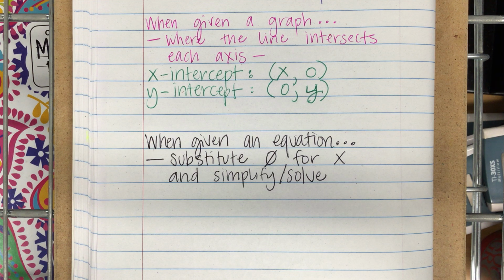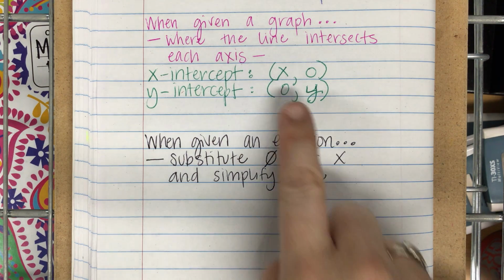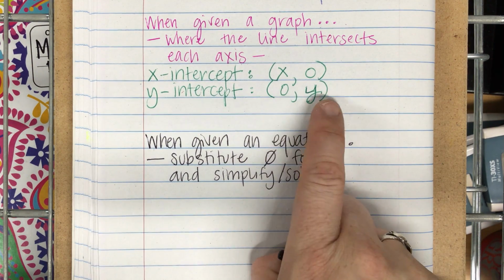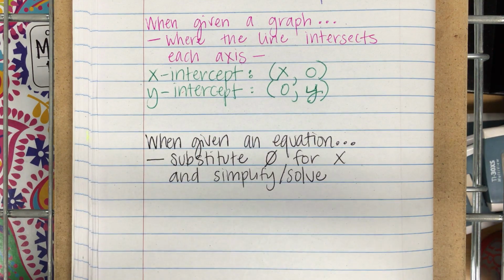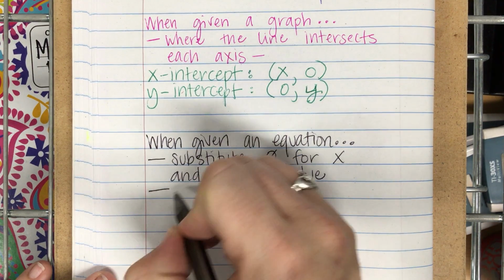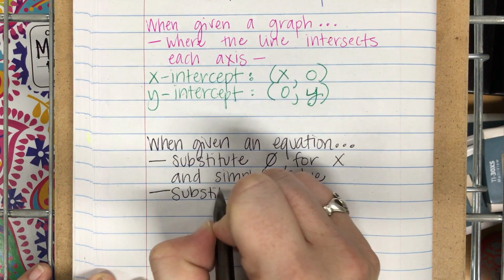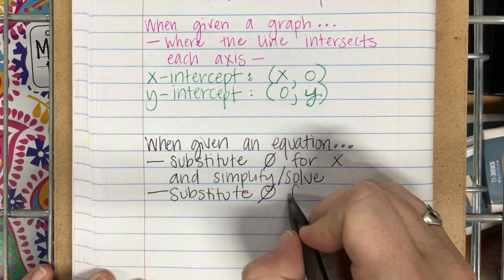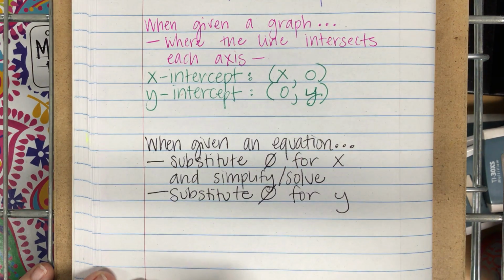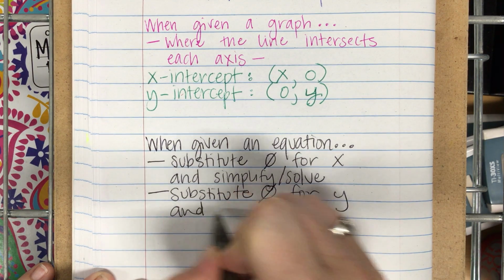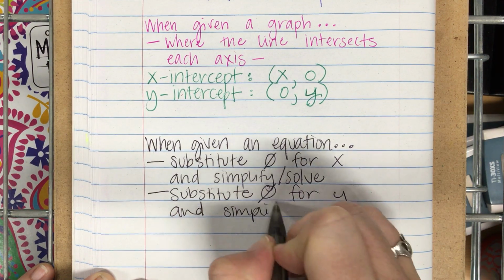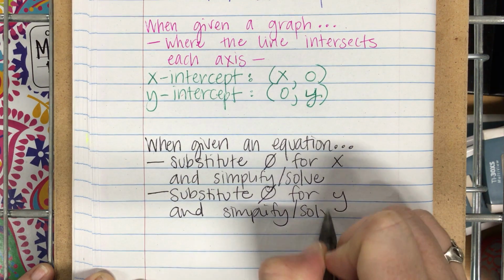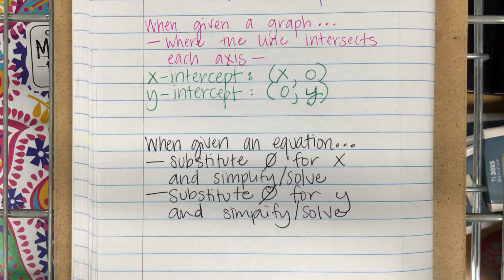If your 0 value goes in for x, what are you solving for? Y. Yeah, if your 0 value is x, you're going to find your y-intercept. And then you repeat it. You substitute 0 for y and simplify, solve to get your x-intercept.